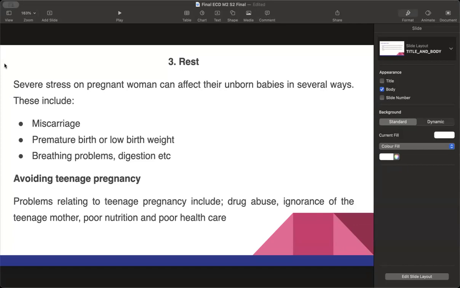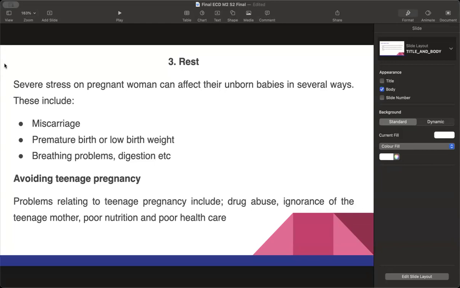And you are going to have many of the results of that problem in your classroom, in your care center from time to time. So we always say that prevention is better than cure, all right? So with regards to preventing teenage pregnancy, we're going to discuss now all the problems that come with it and why we advocate against it, right?